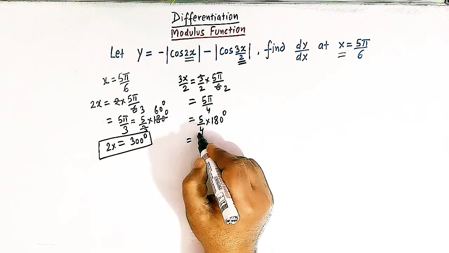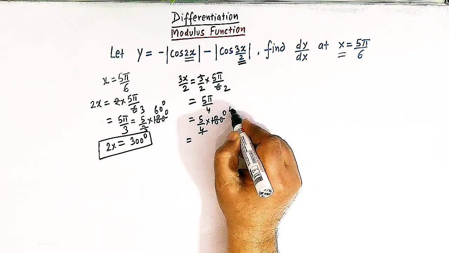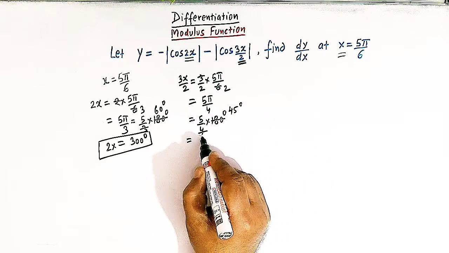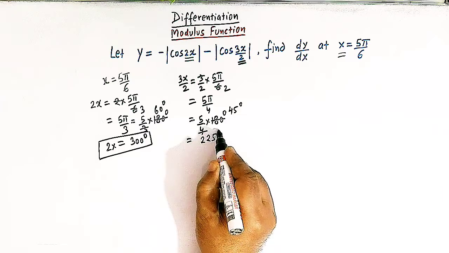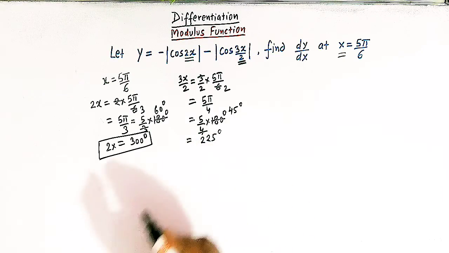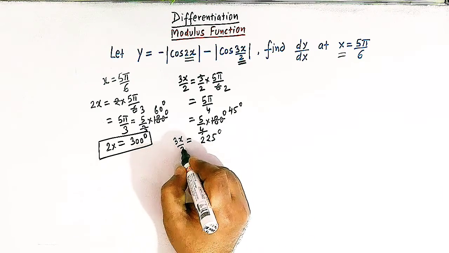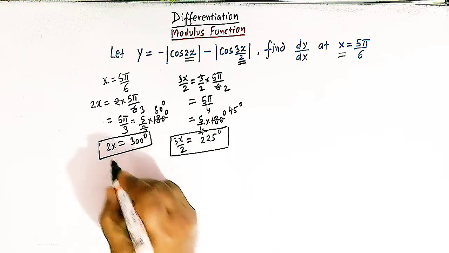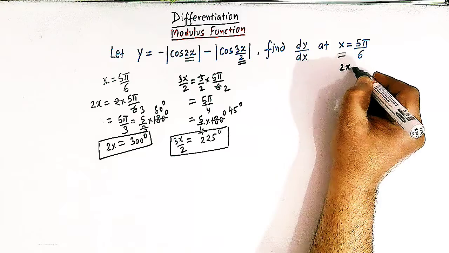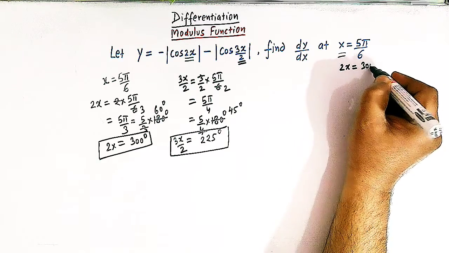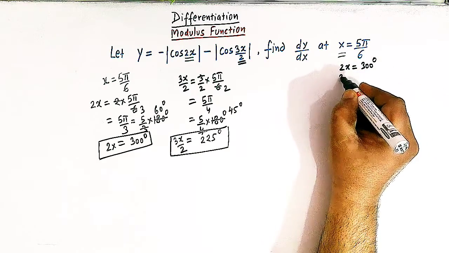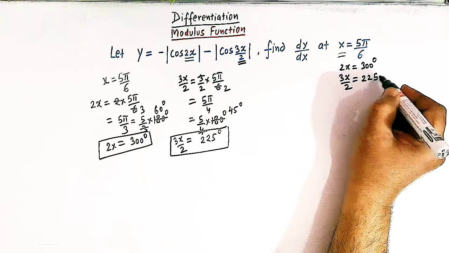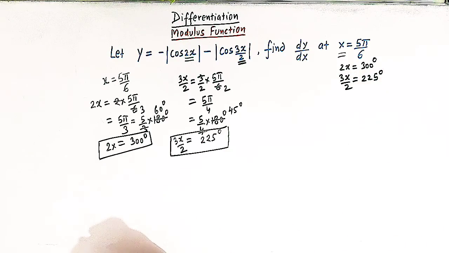So this is 4 times 45, and this is 5 times 45, which is 225, right? Okay, so now we have these two angles. So let us write them here. So 2x is 300 degrees, and 3x over 2 is equal to 225 degrees, right?